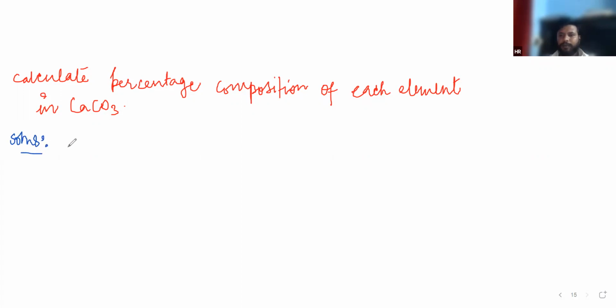At least you should mention it. By the way, the answer is wrong. So first we will calculate the molar mass. Tell me the molar mass of CaCO3 you have calculated.